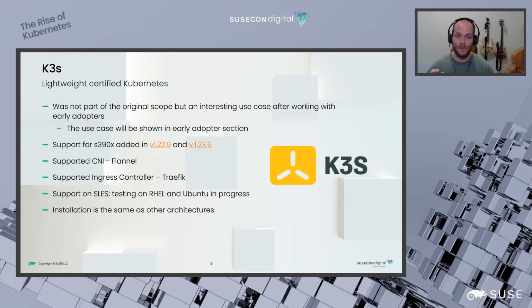But because most of the work that we were already doing for RKE2 was applicable for K3s as well, we put that into scope, and it made a lot of sense to add that option as well. We added support for S390X in the 1.22.9 and 1.23.6 releases of each of those code streams.